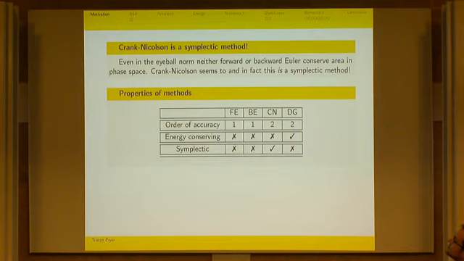Okay, so this is a little summary of the two geometric properties of these integrators that I wanted to look at. Forward and backward Euler are both order 1, neither energy conserving nor symplectic.